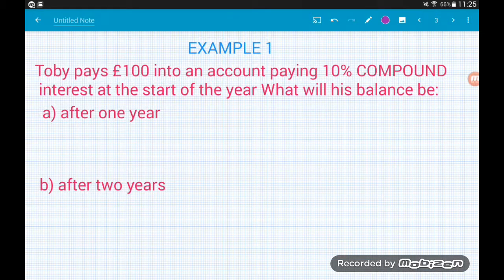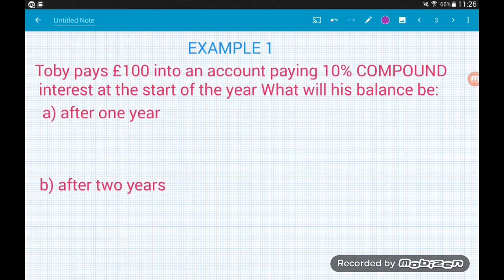So, example 1. Toby pays £100 into an account paying 10% compound interest at the start of the year. What will his balance be after 1 year? To work this out, we don't need to do anything different than we would have from using simple interest.